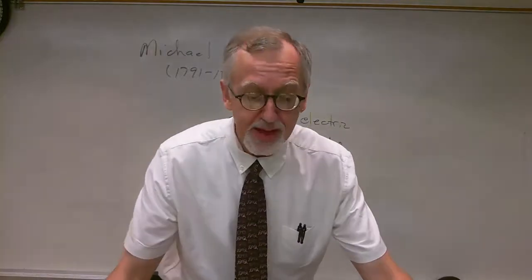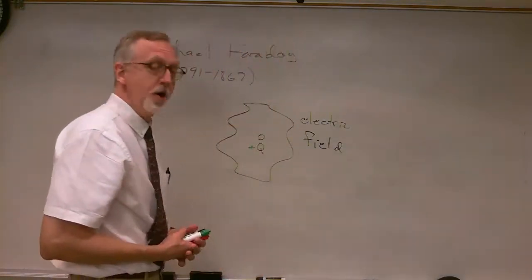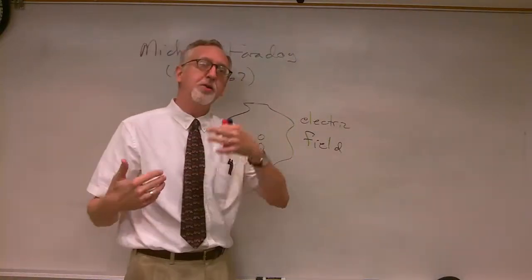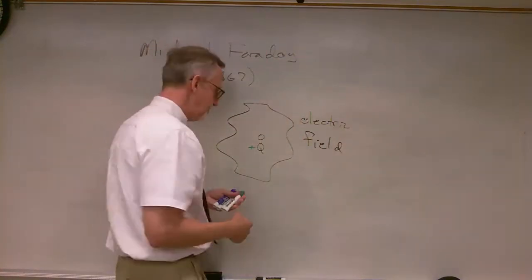Well, what's the problem with that? That's a violation of Newton's third law. If you remember, Newton's third law said that if object 1 creates a force on object 2, object 2 creates an equal and opposite force on object 1.